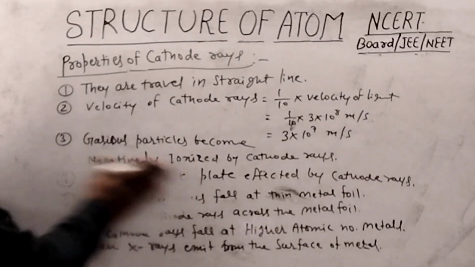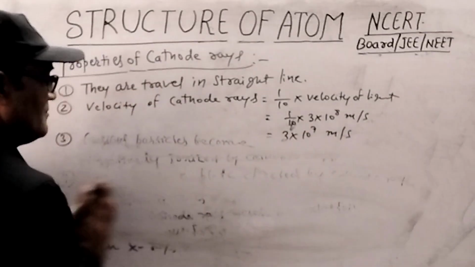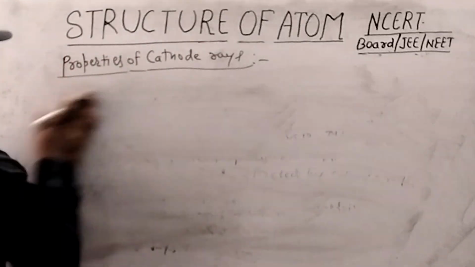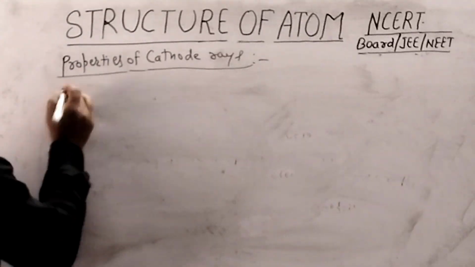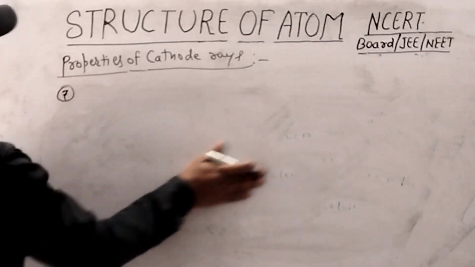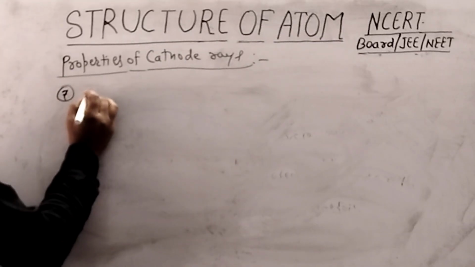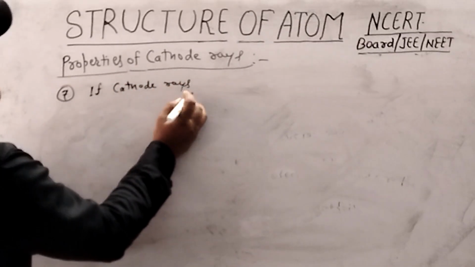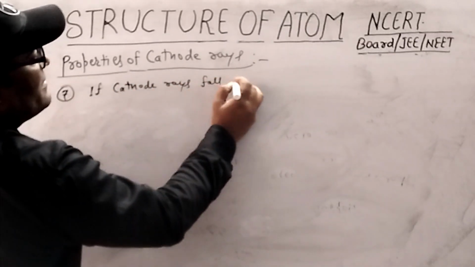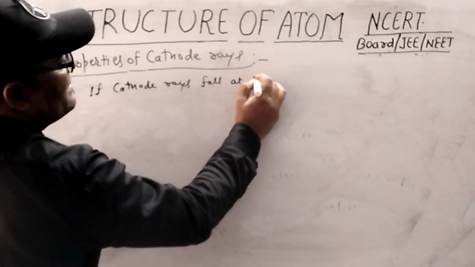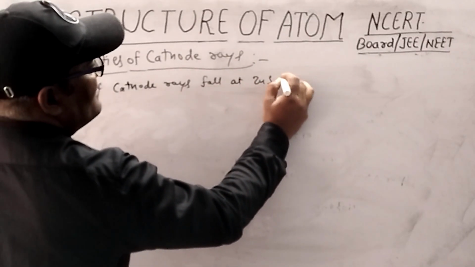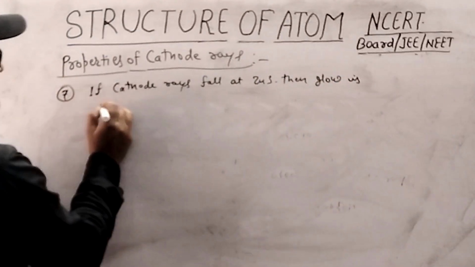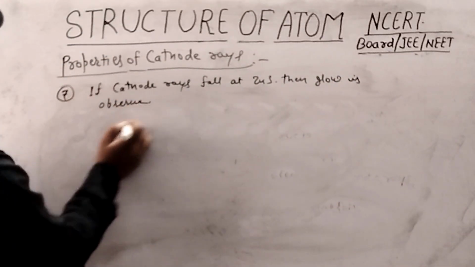Now point number 7 is if cathode rays fall at ZnS, then glow is observed.